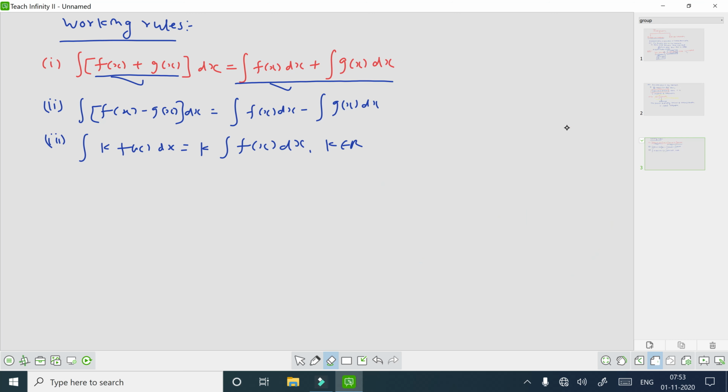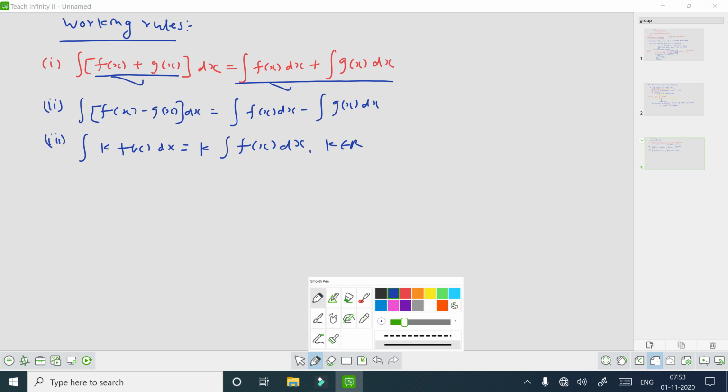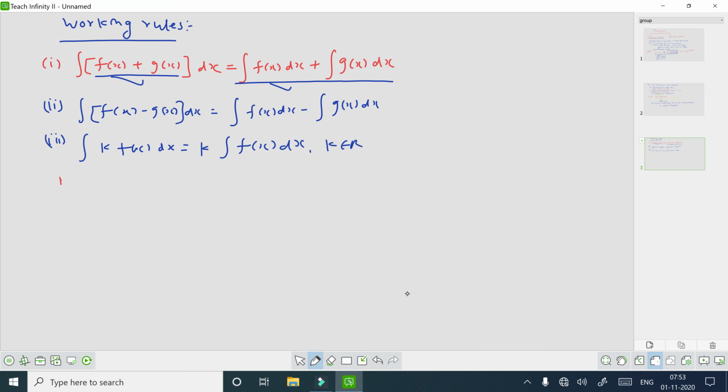Now let us see some standard forms or important formulae. First one, all of you are familiar with this form. Integral x raised to n dx is equal to x raised to n plus 1 over n plus 1 plus c, where n is different from minus 1.